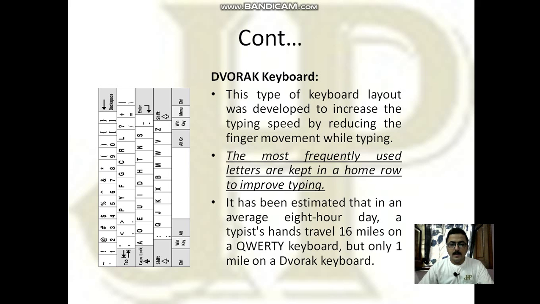It has been estimated that in an average 8-hour day, a typist's hands travel 16 miles on a QWERTY keyboard, but only 1 mile on a Dvorak keyboard. That's why whenever typing is needed, this type of keyboard is preferable. I think types of keyboard is very clear to you.